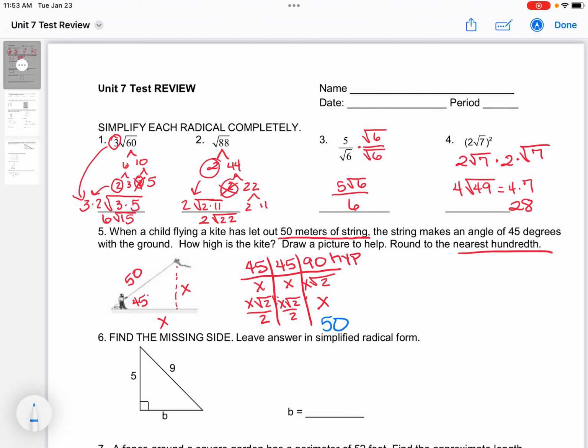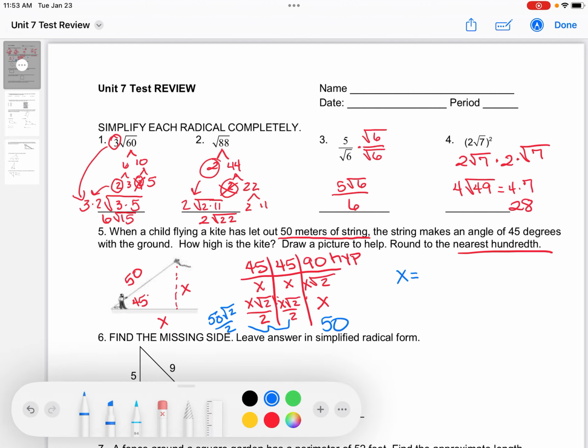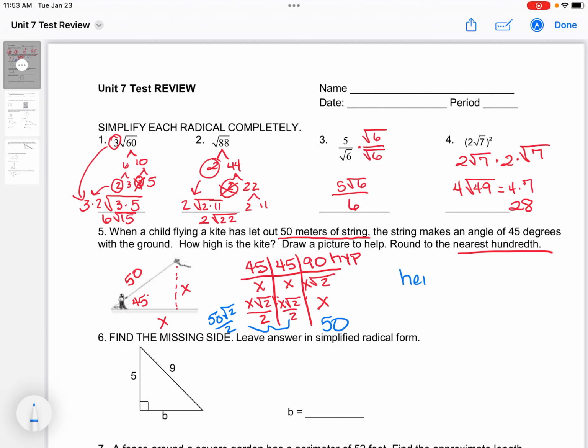So if this is 50, then these two are both 50 times the square root of 2 over 2, which is going to be my x, my height. It's going to be 50 times the square root of 2 over 2.